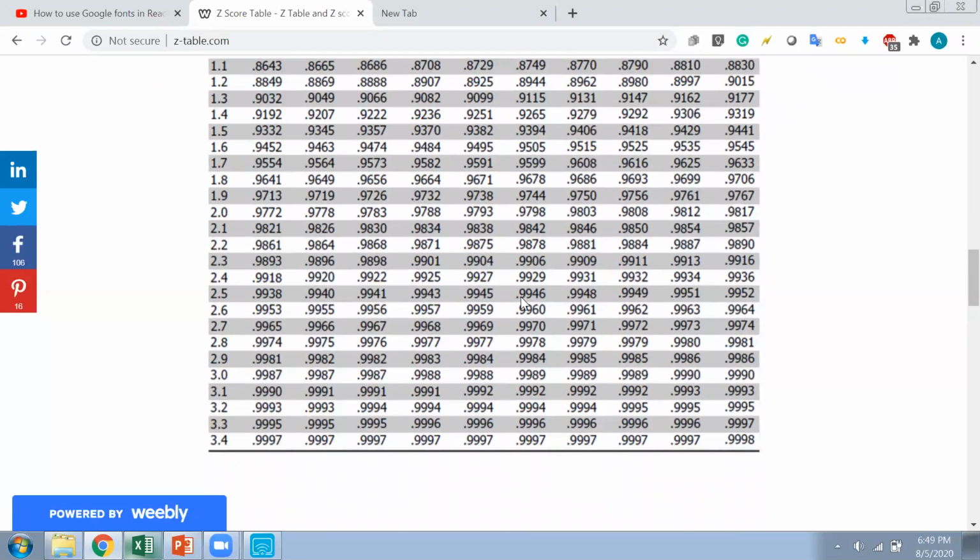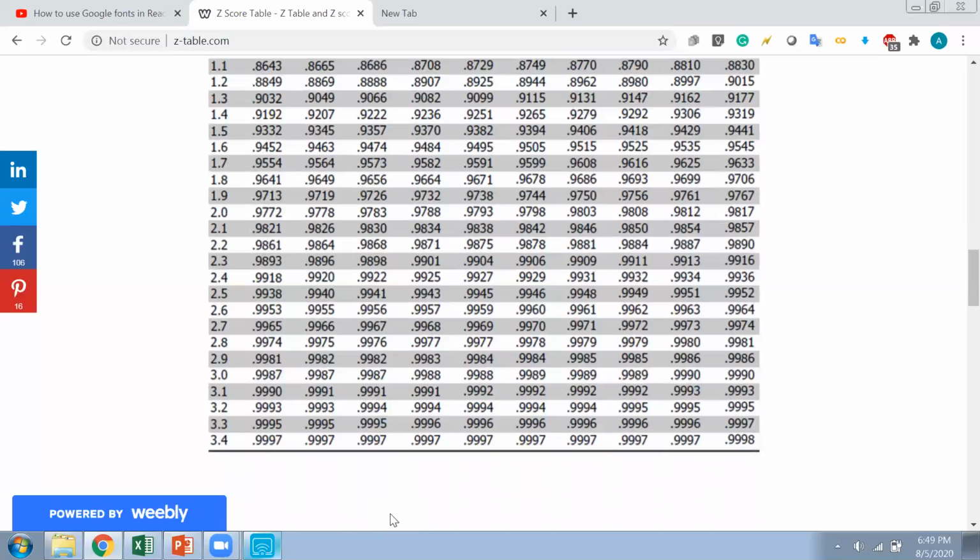Over here, 2.25 is 0.9946. This is the value for 2.25. From this, if I subtract this one, then I will get the answer. But this is a long step.